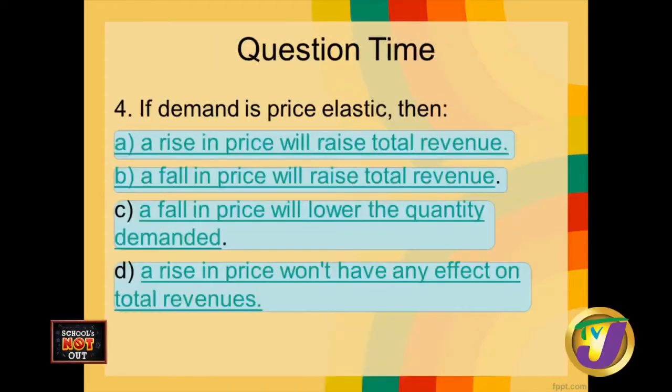Here is the last one. Multiple choice again. If demand is price elastic, then A, a rise in price will raise total revenue. B, a fall in price will raise total revenue. Or C, a fall in price will lower the quantity demanded. Or D, a rise in price won't have any effect on total revenue.